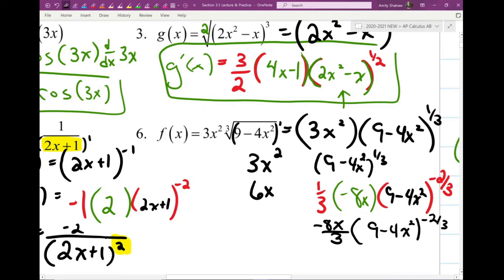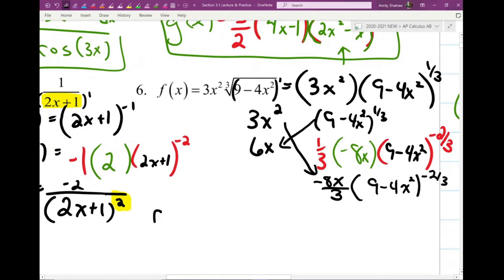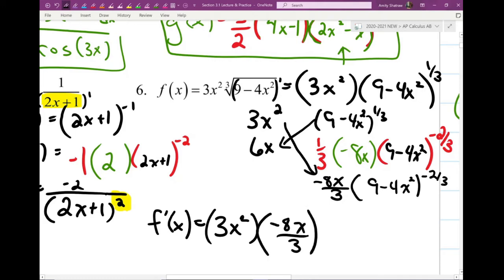Okay, so it'll be this times this and this times this as the answer to what is f prime of x. Ready? F prime of x is 3x squared times -8x over 3 times 9 minus 4x squared to the -2/3 power.